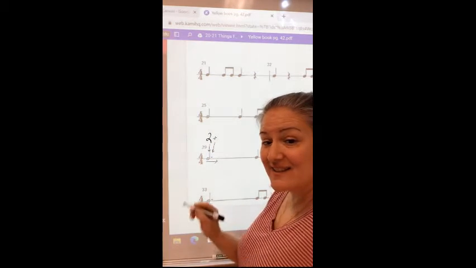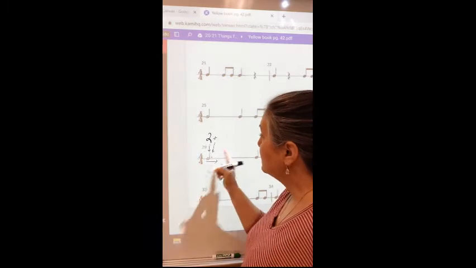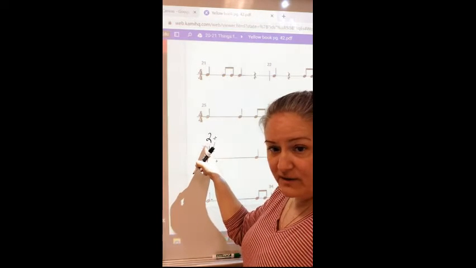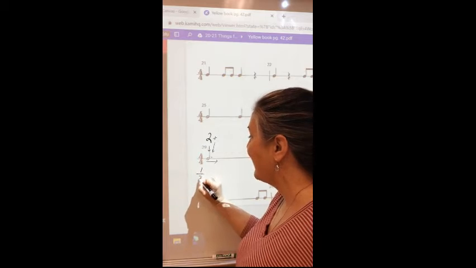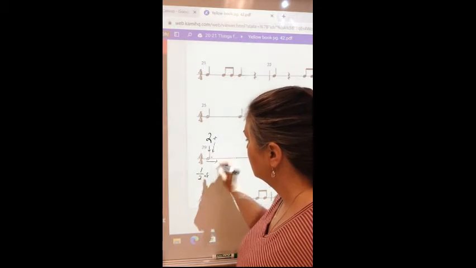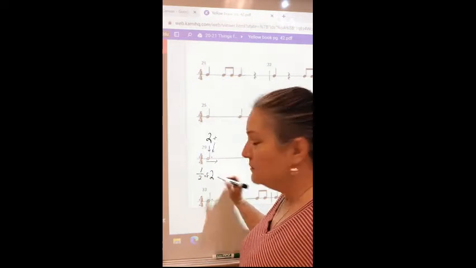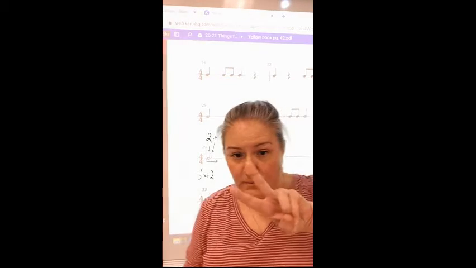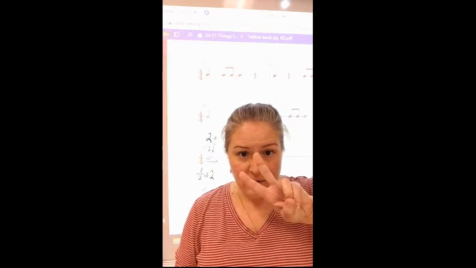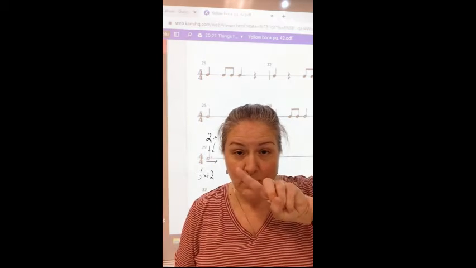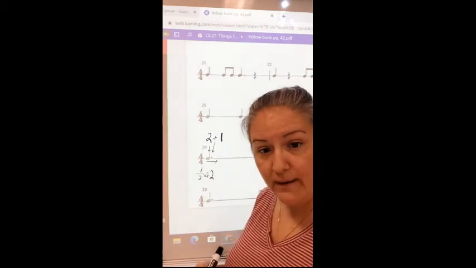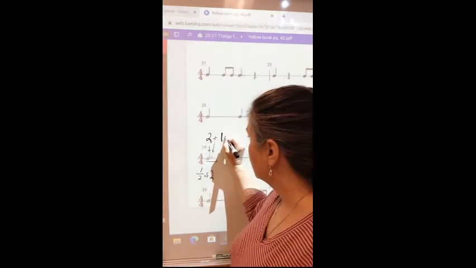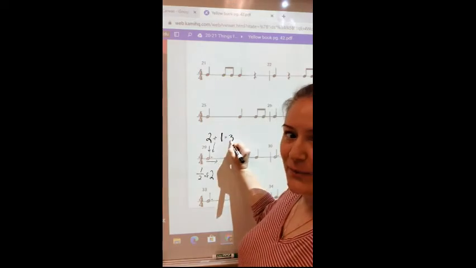Now the dot is equal to exactly half of whatever this first number was. So what we're trying to do is find 1/2 of 2. Well, if you have 2 items and you only take 1/2, you put 1 away, so it leaves you with 1. Okay? So then you add those together. 2 plus 1 equals 3.